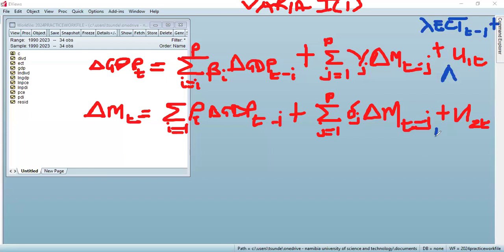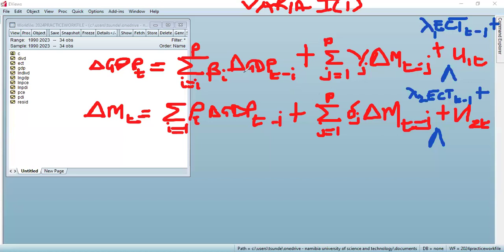And in the second equation, we would have lambda 2, the ECT at t minus 1.